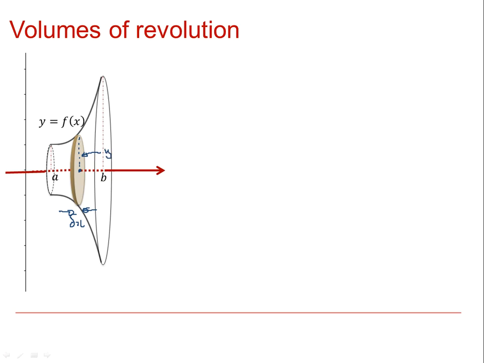So we say that the small increment of the volume, delta v, is equal to pi y squared, that's the area of the disk, multiplied by delta x.